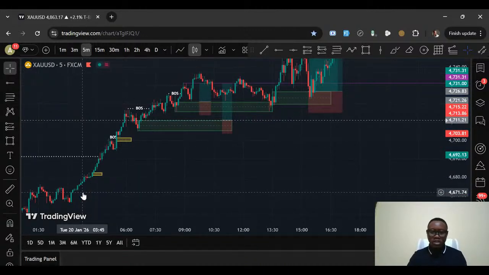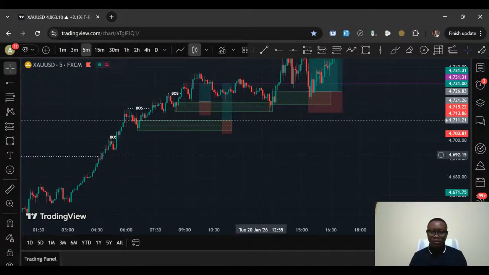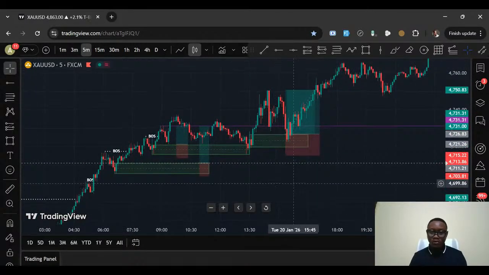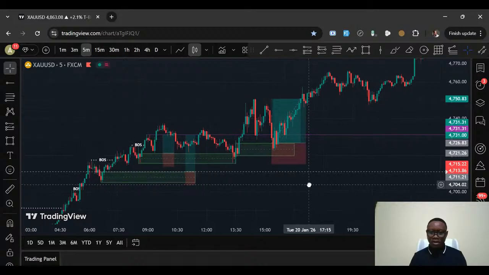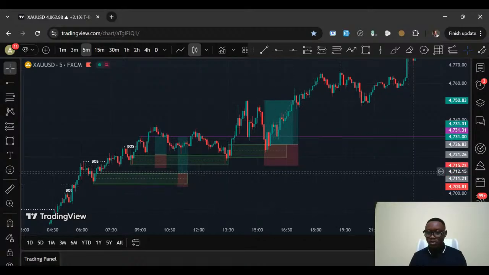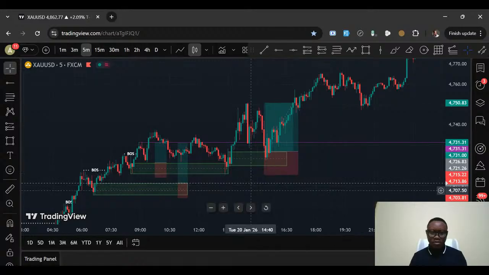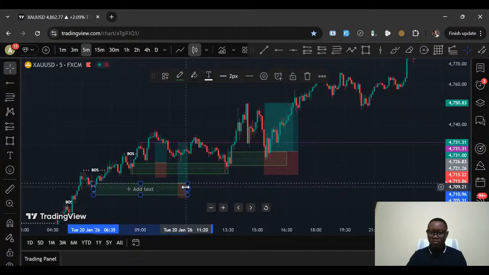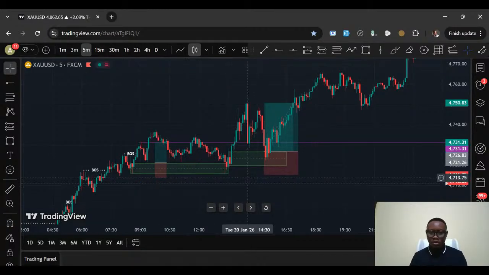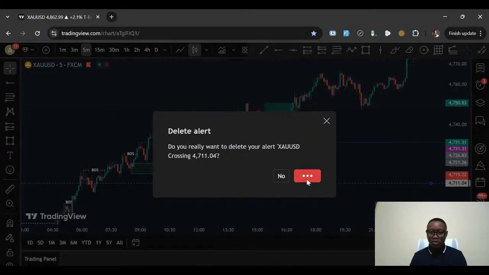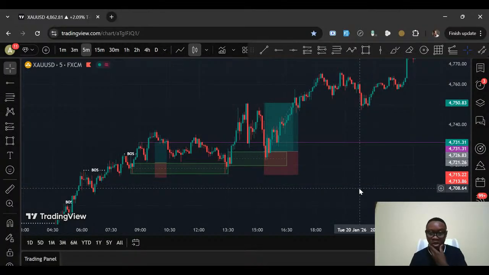Price might still get to these zones in the future, but gold has been on a bullish run. So let's look at the zones that price was able to get to. I want us to be fast so we can work with our 1 hour time frame.